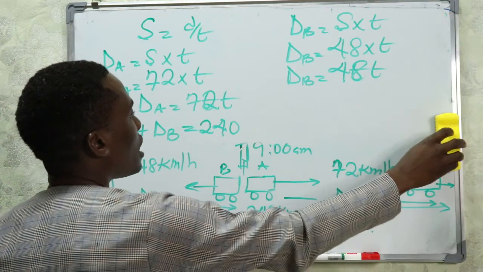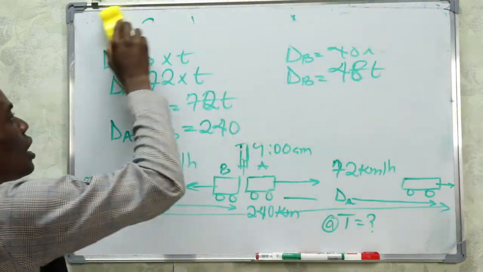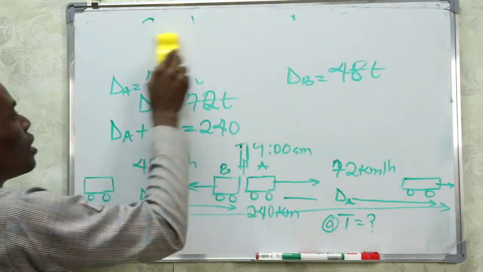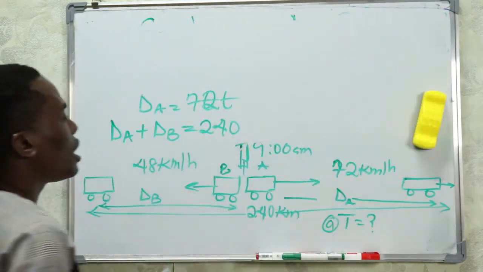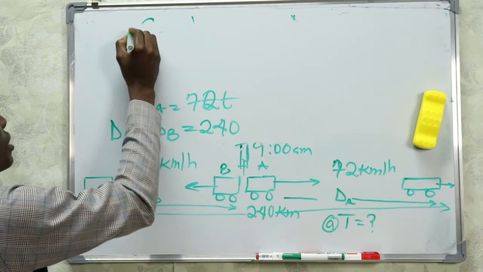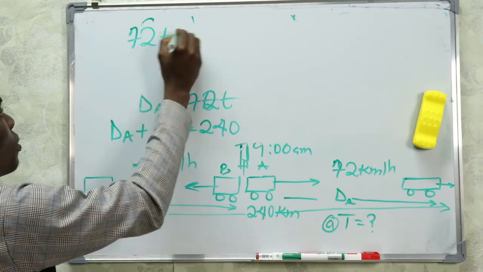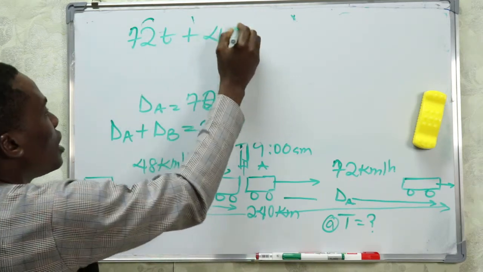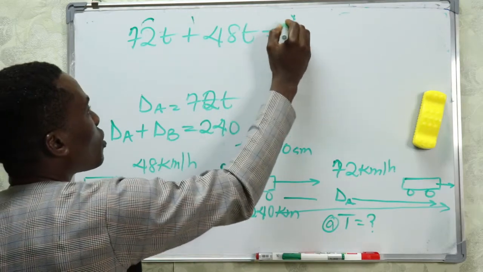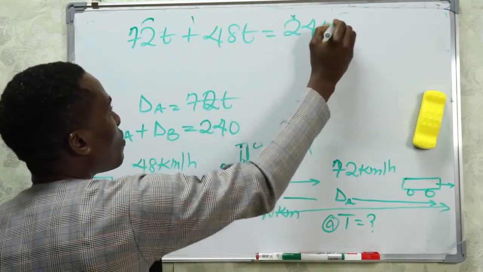Now having gotten that, we can say that 72T plus 48T is equal to 240.